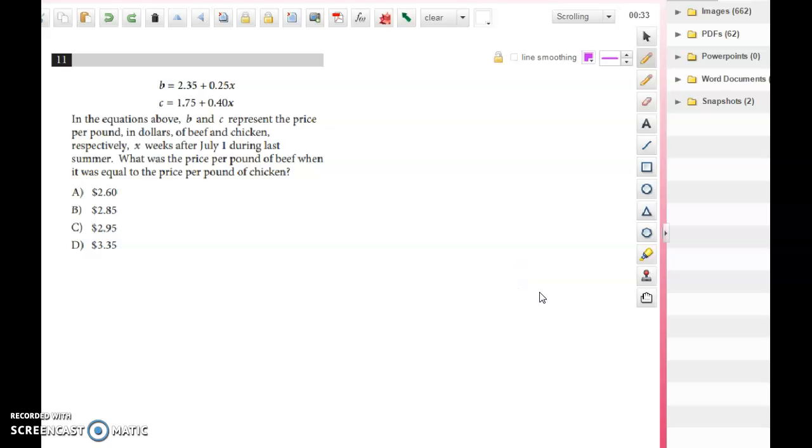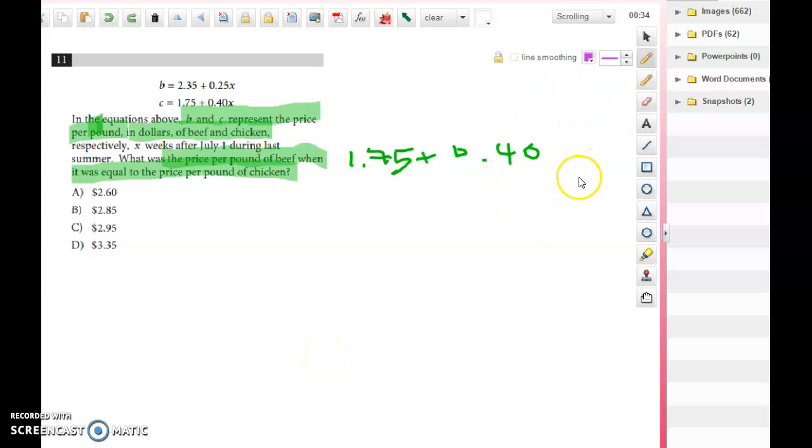Okay, now look at this question. We have the equation given, so you can highlight some important stuff, and also just see what we can do with this one. Since it is per pound cost, B and C represent per pound cost. Very good.